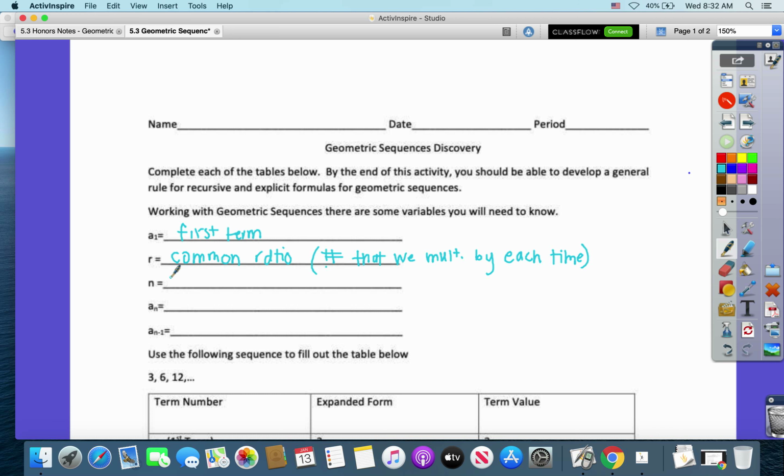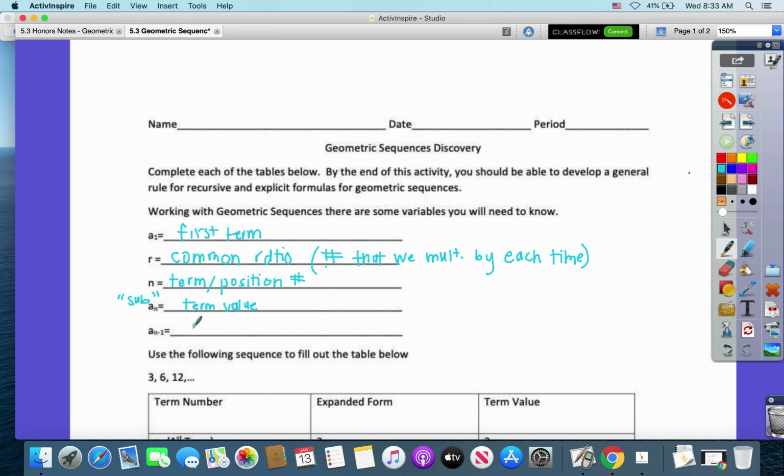n is still just talking about the term or the position number, so where it's at in the list. And then a sub n, remember we pronounce that a sub n because n is down in our subscript, and that is just talking about any term, so the nth term, and what that value is.